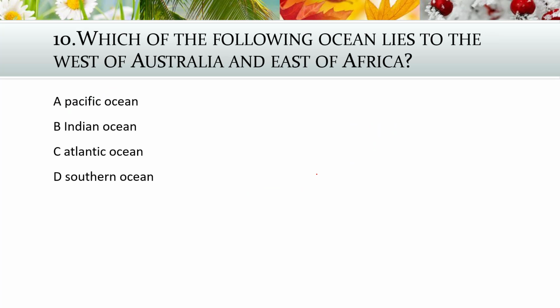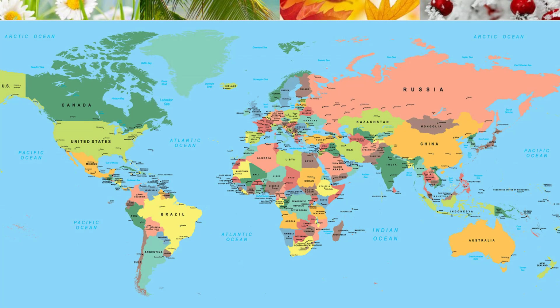And the 10th question is, which of the following oceans lies to the west of Australia and east of Africa? Try to remember the question: west of Australia and east of Africa. To explain this question, I added a world map. Just look into it. They said, which is the ocean present to the east of Africa.